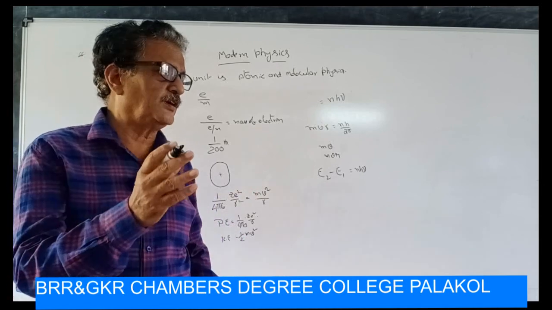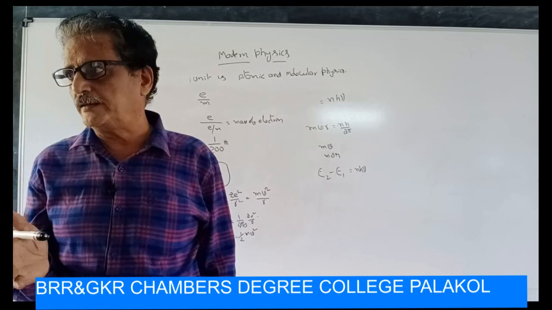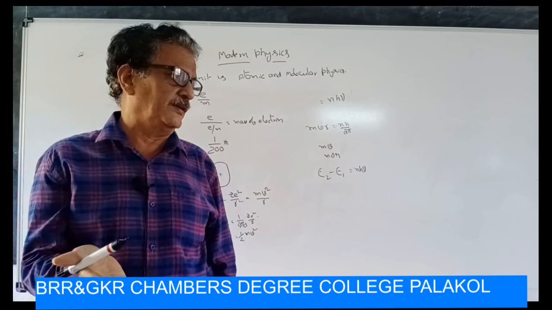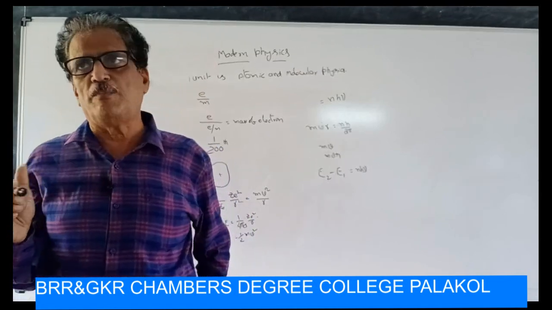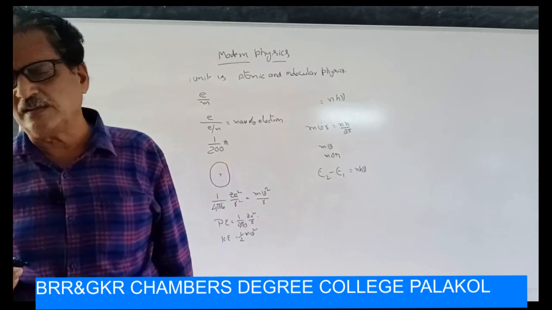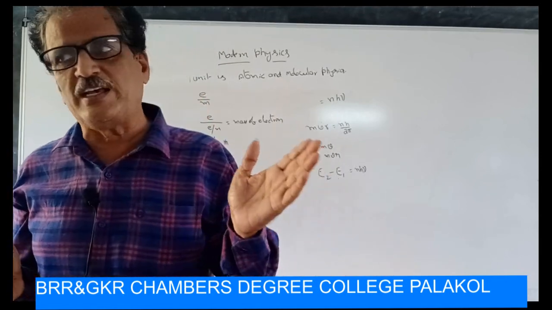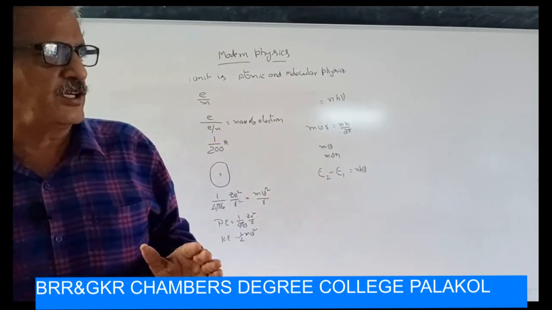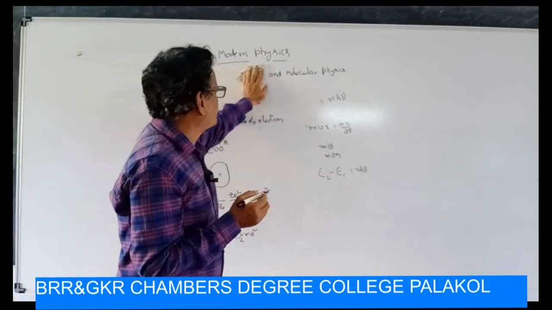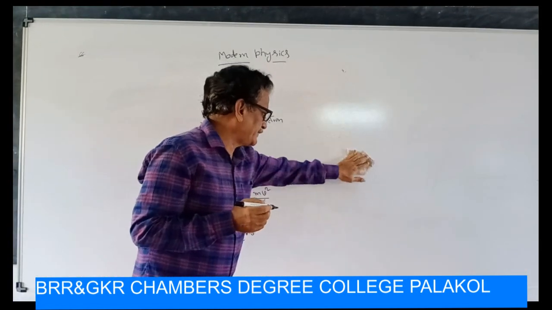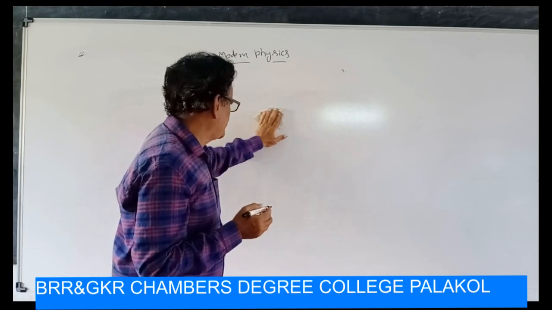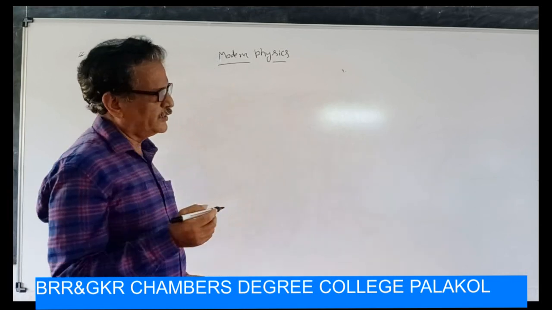In order to overcome the drawbacks of the Bohr model, another model was proposed by Sommerfeld. But the success of the Bohr model is that Bohr successfully explained the spectrum of the hydrogen atom, because the electron releases energy whenever it jumps from a higher energy level to a lower energy level.